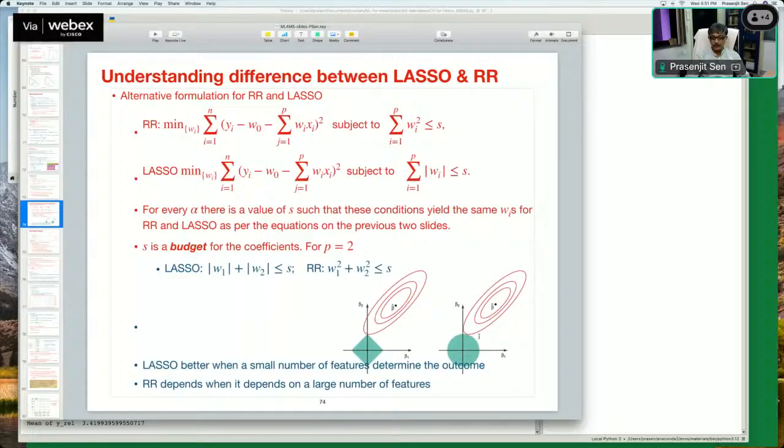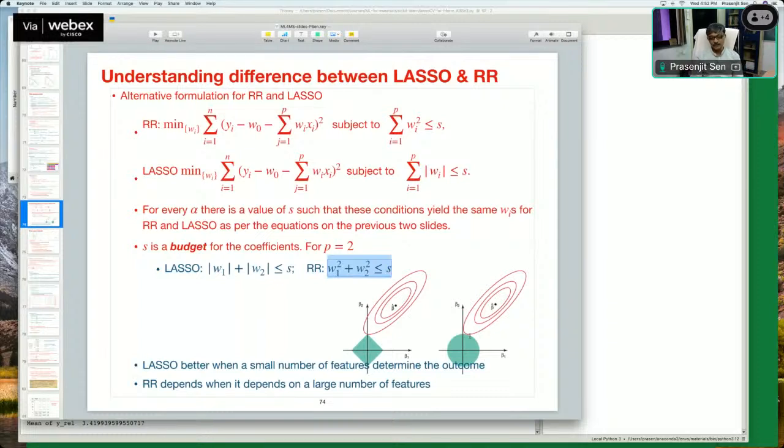On the other hand, if you consider Ridge regression, then the budget that you have for a given S is W1 squared plus W2 squared less than or equal to S, which is a circular region in 2D, a spherical region in 3D, and hyperspheres in higher dimensions. You don't have any sharp points in such figures, so wherever these ellipsoids touch it, it's unlikely that any of the coefficients would be exactly 0.